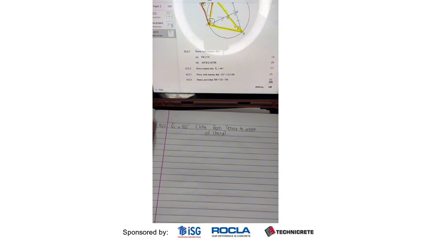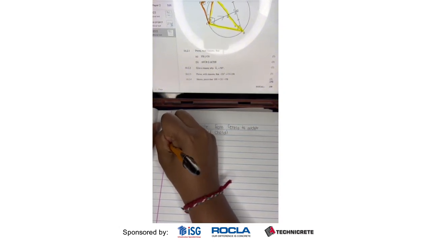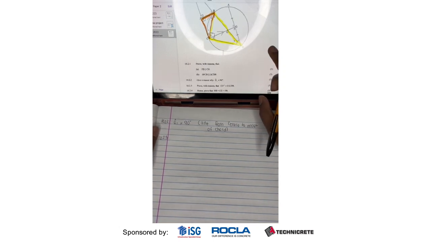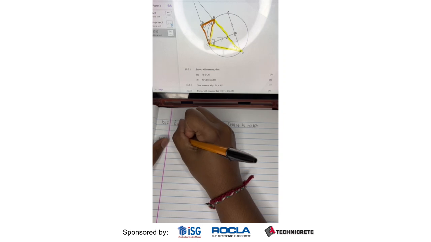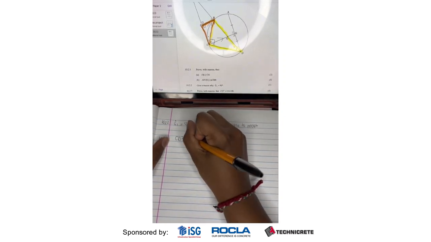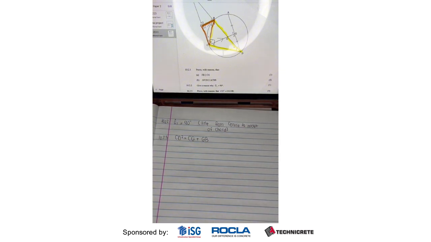says prove with reasons 10.2.3 that CD squared is equal to CG times GB. Okay, so that's a lot. They want us to prove that CD squared is equal to CG times GB. So looking at what we have, we need to use those triangles.